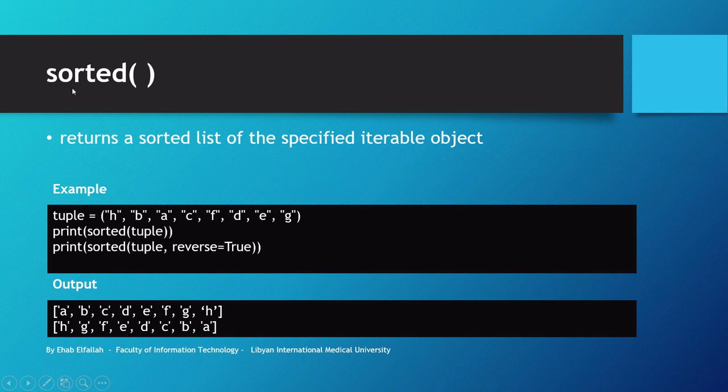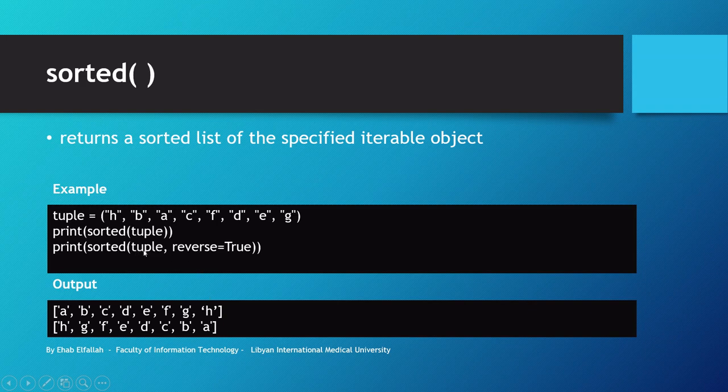Sorted: this function receives a list or tuple, and we can pass a tuple or a list to this function, and it will return the sorted one. So here we have a tuple containing several English letters, and if we print the sorted tuple, it will be sorted alphabetically.